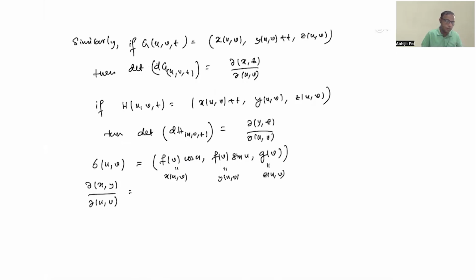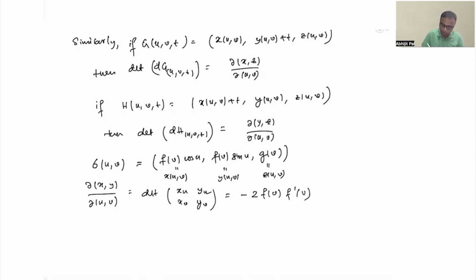Okay. So if I compute this del(x,y)/del(u,v), which is nothing but the determinant of x_u, y_u, x_v, y_v. Okay, so if I compute this thing, this will come out to be equal to minus f(v) times f prime(v).